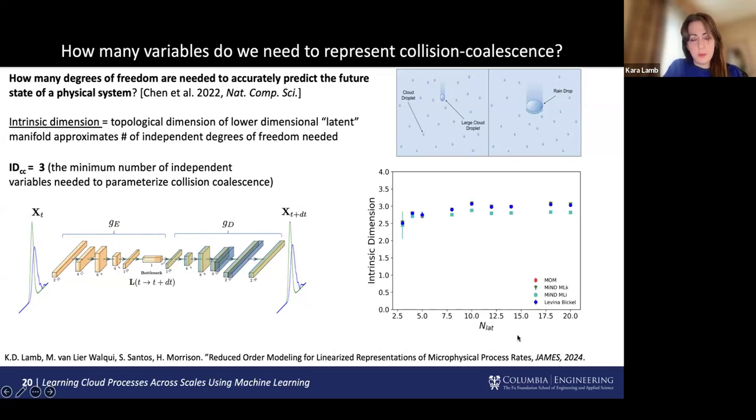I looked at a couple of different ones here, but I basically applied their same method to my droplet size distributions. And I find that the intrinsic dimension for collision coalescence, at least for the spin microphysical model, is something like 3. So that suggests that we need at least 3 variables in our lower dimensional representation to predict the collision coalescence process.